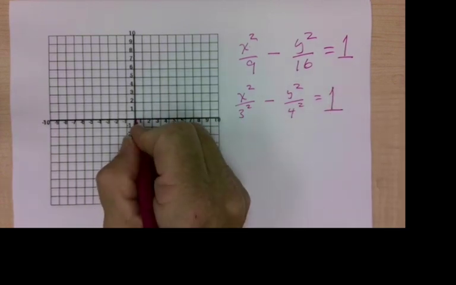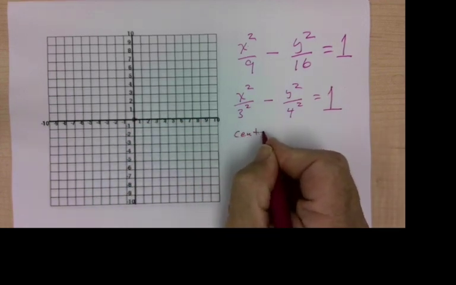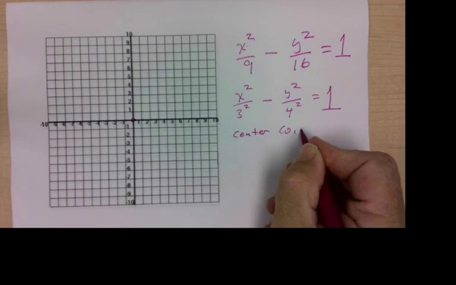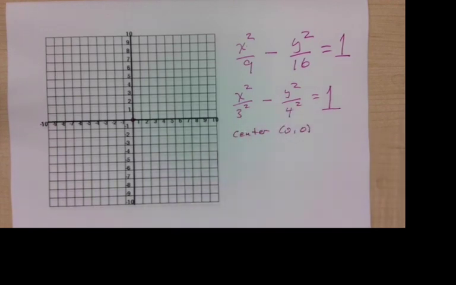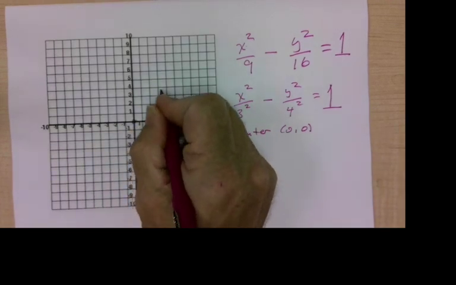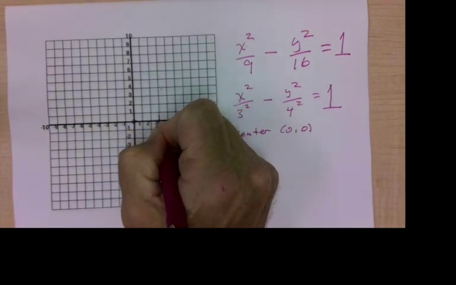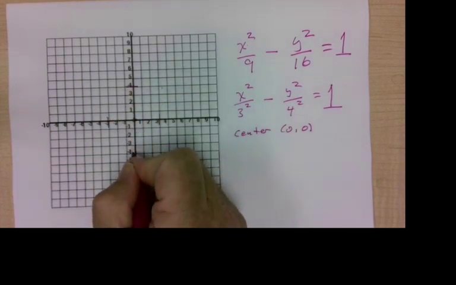Now, the center of this hyperbola is going to be at 0, 0. The span in x is 3, the span in y is 4. So what I'm going to do is go 3 over in the x direction, and 4 over in the y direction.